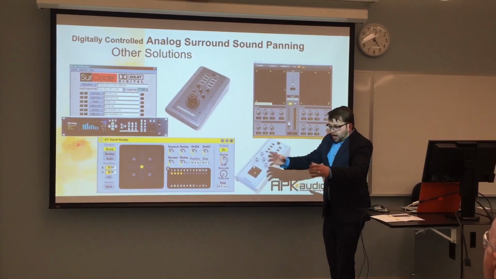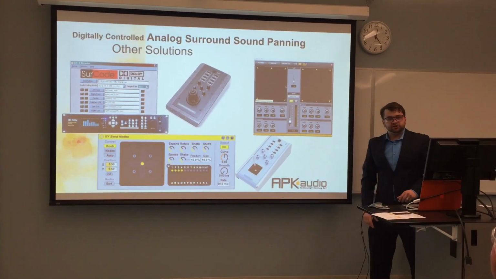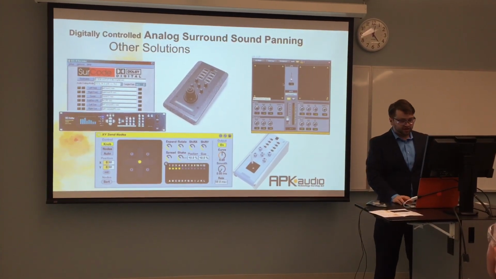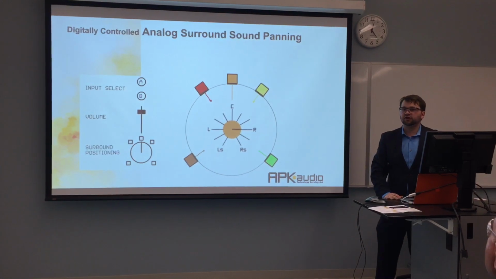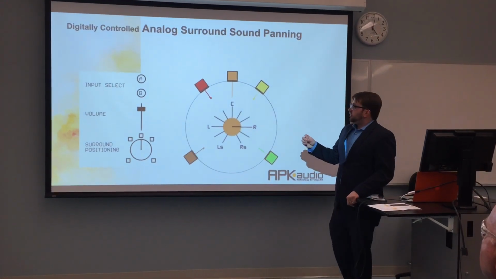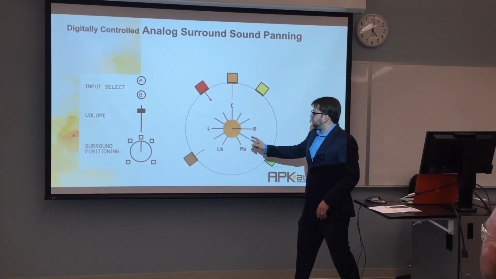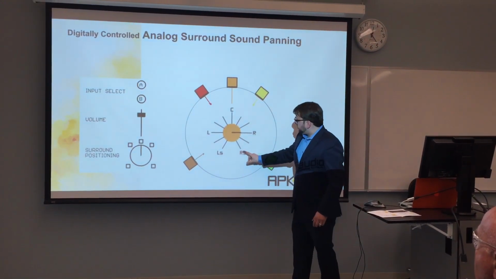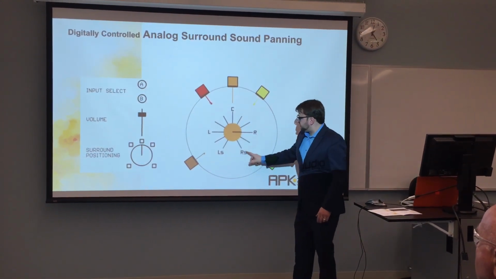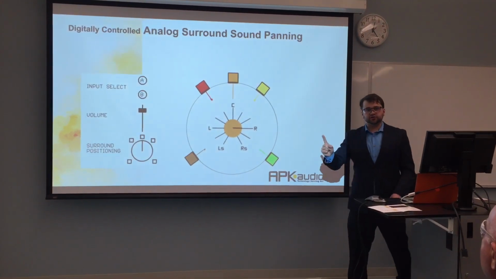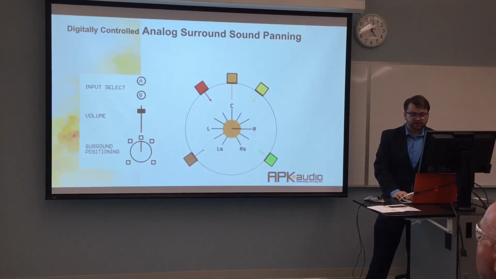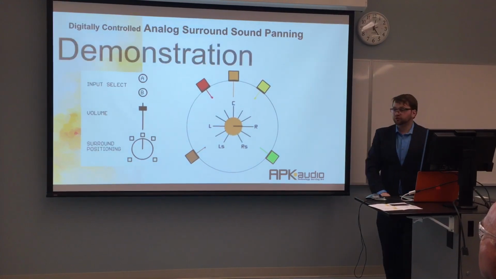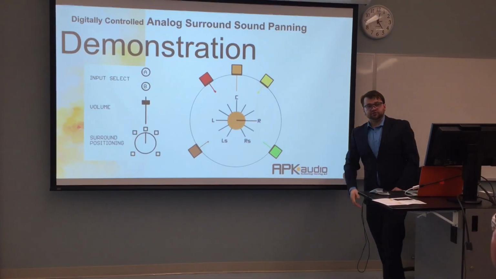What they did was they took it out of a console and made a separate unit, and that's $2,500 just to be able to access the software. Mine was simple. I wanted a single potentiometer that panned from left surround to left to center to right to right surround. One control, one human user interface. That's as simple as I wanted to make it. I'm going to show it to you right now.